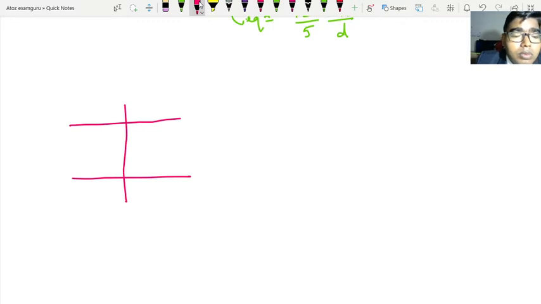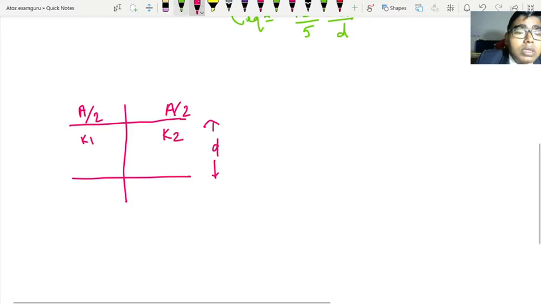Here the distance will be halved, here the area will be halved. Area A by 2, area A by 2. The distance will remain the same between the plates, and the dielectrics are K1, K2. The bifurcating plate is something like this, right? Sorry.